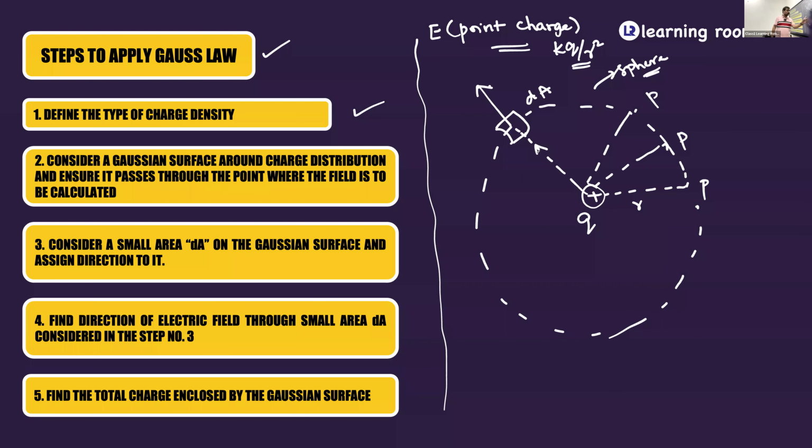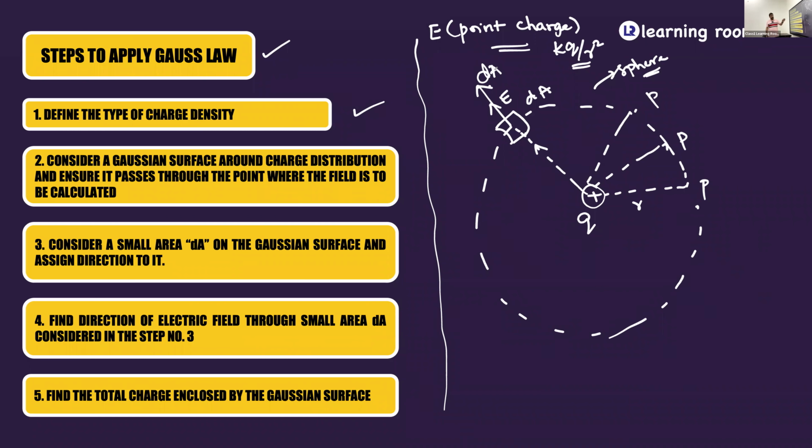So electric field and dA, are they both in the same direction? They both are perpendicular to the surface in the outward direction, right? And the fifth step is to find the total charge present within the Gaussian surface. In this case, it's very simple. It's Q.